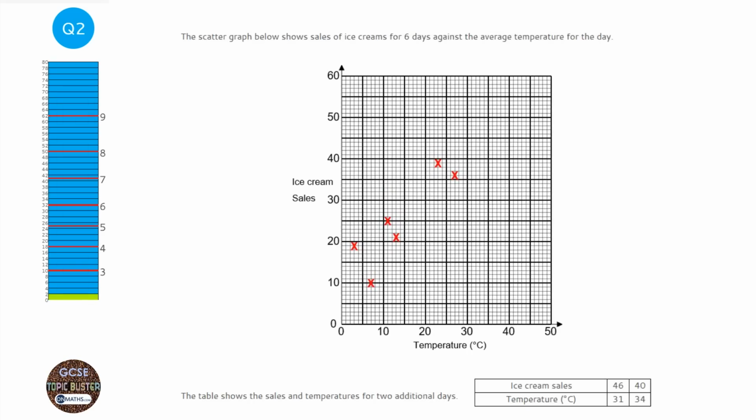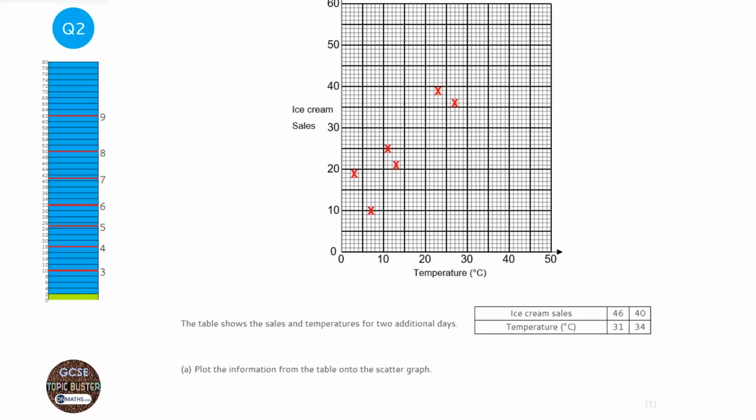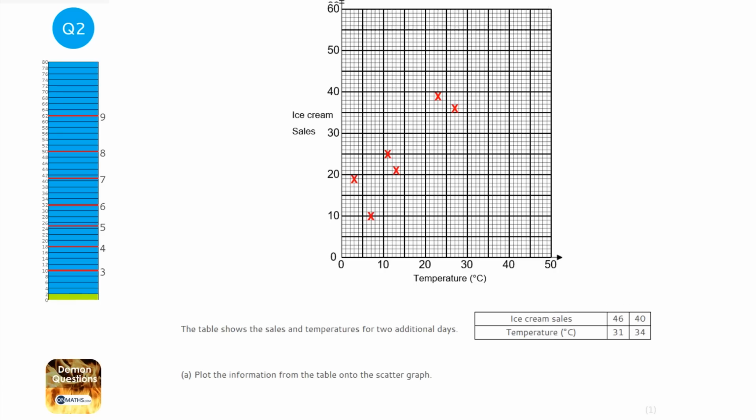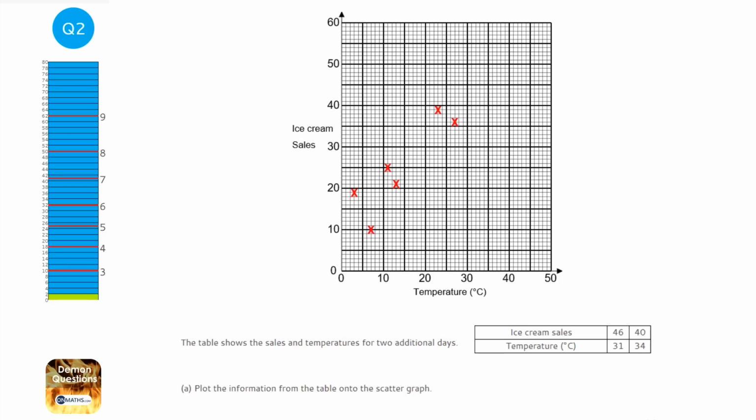Okay, so we've got a scatter graph question, and the first question asks us just to plot the information from the table into the scatter graph. So we've got ice cream sales at the top and temperature at the bottom, which is not the same way around as on the graph, so we've just got to be careful. So the ice cream sales are 46, which is here on the scale, and the temperature is 31, which is here on the scale.